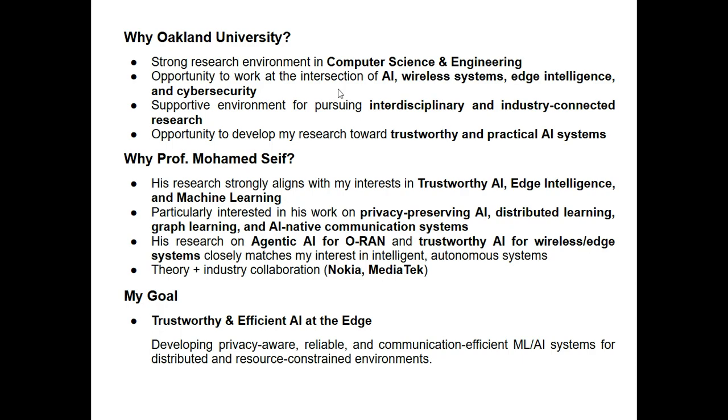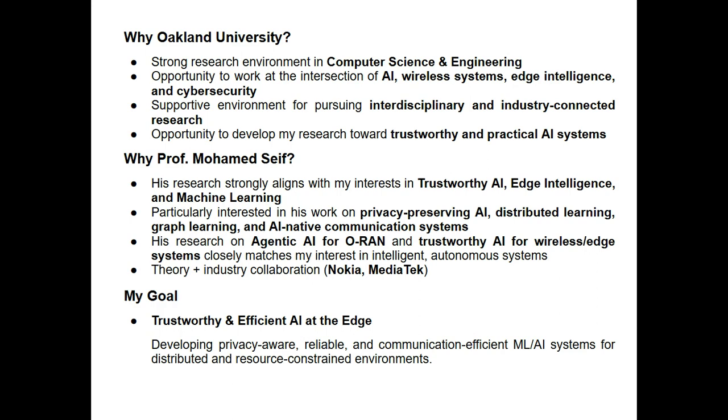And also why this particular professor's lab. You can then say that his research strongly aligns with your research interests like trustworthy AI, machine learning. In this way, you can add. Okay, and yeah, so then you can see how it is described here. I don't want to read the things. And then lastly, you add your goal, that trustworthy AI, efficient AI at the edge.